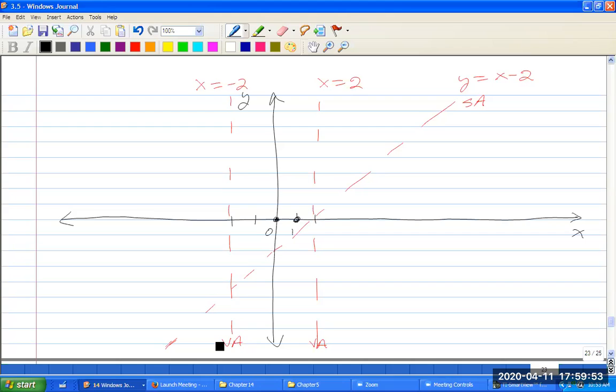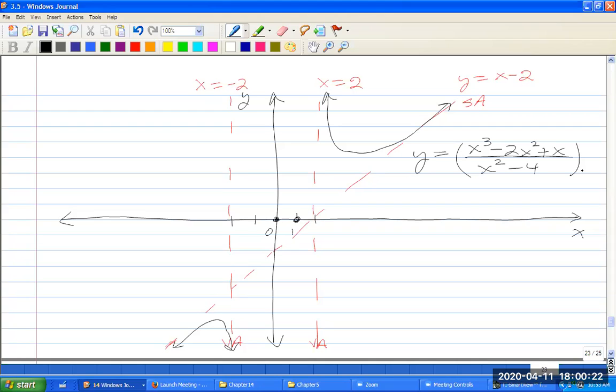So in this region, we have to look something like this, and like this. And this is the graph of y equaling x cubed minus 2x squared plus x over x squared minus 4.